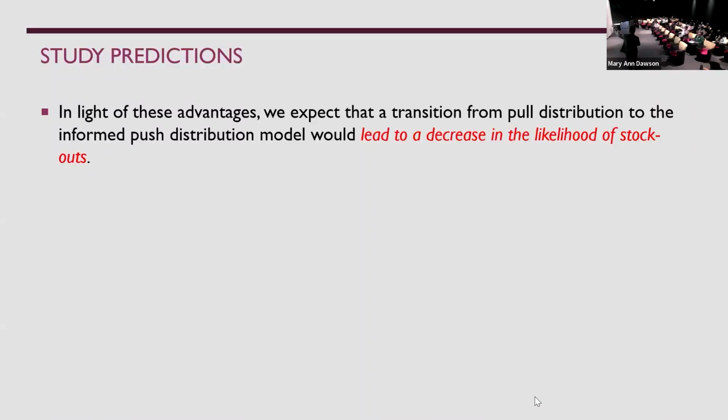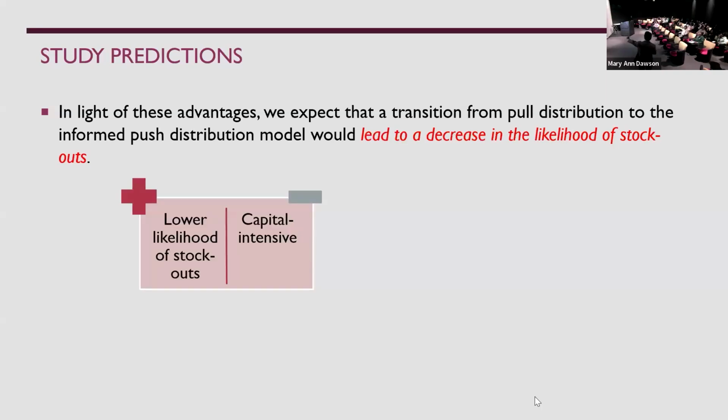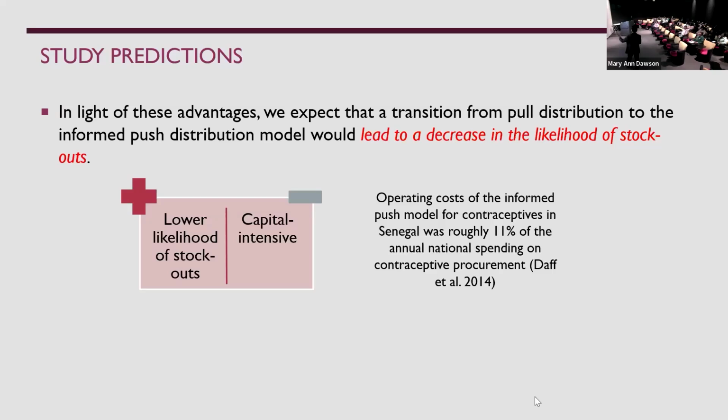Okay, so given all these advantages, we naturally expect that a transition from the pull model to the informed push model would lead to a decrease in the likelihood of stockouts. But as I mentioned before, it is capital intensive. In terms of actual numbers, for example, if you look at Senegal, the cost of operating this distribution model is about 11% of the total annual spending on contraceptive procurement.